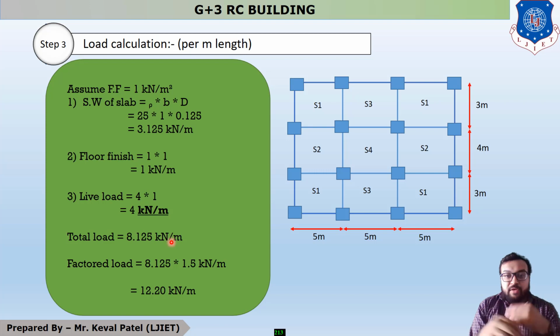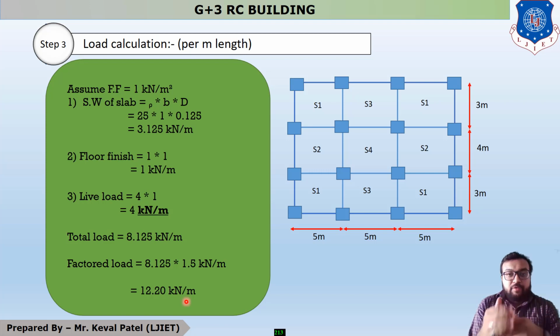So we have to convert unfactored load to factored load with the multiplication of a factor of safety, and that factor of safety is 1.5. Okay, so students, your factored load is 12.20 kilonewton per meter. So this is the end of our step number 3, which is the calculation of load.